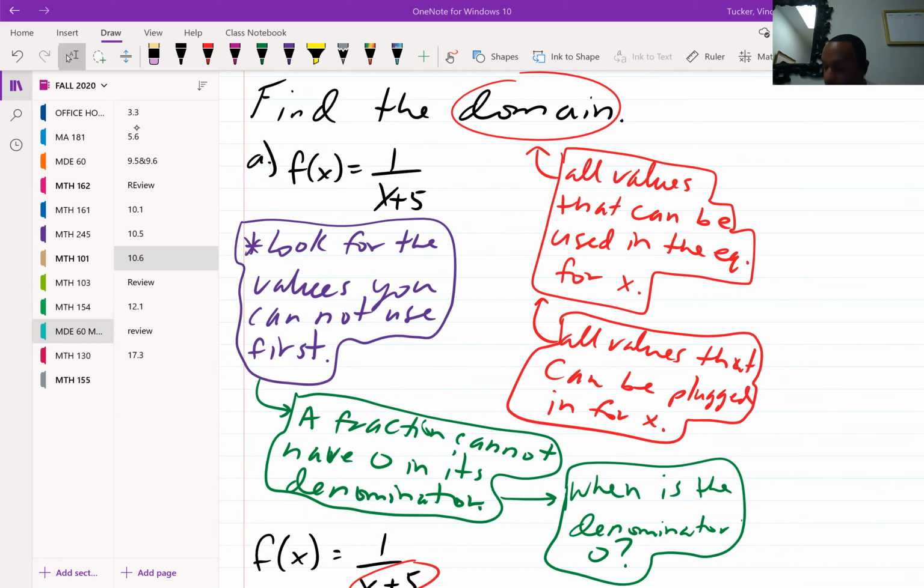So once again, that -5 cannot be used, but everything else can.